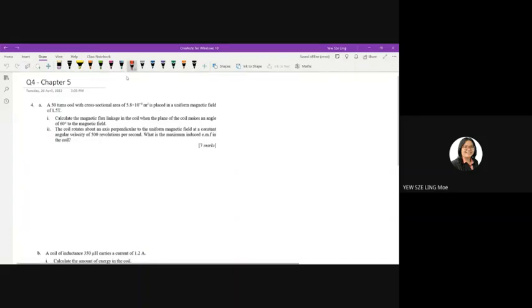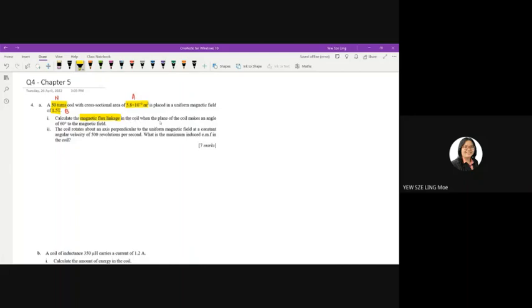Now you are given the cross-sectional area, and then you are given the number of turns, is placed in a uniform magnetic field of 1.5 T. So these are the values given. Okay, you are given 3 values. Calculate the magnetic flux linkage. The question is asking for magnetic flux linkage, not just magnetic flux.